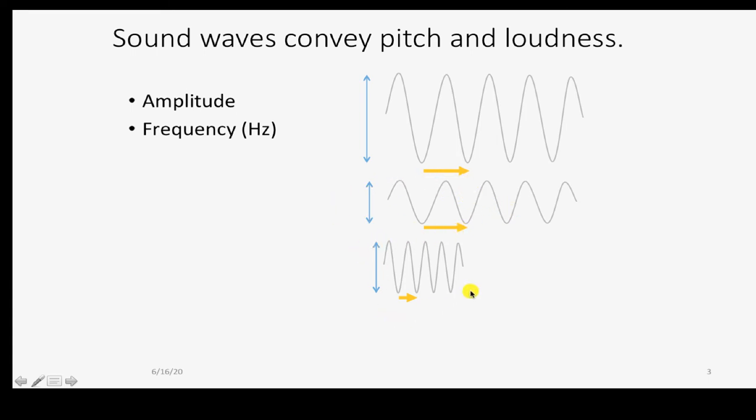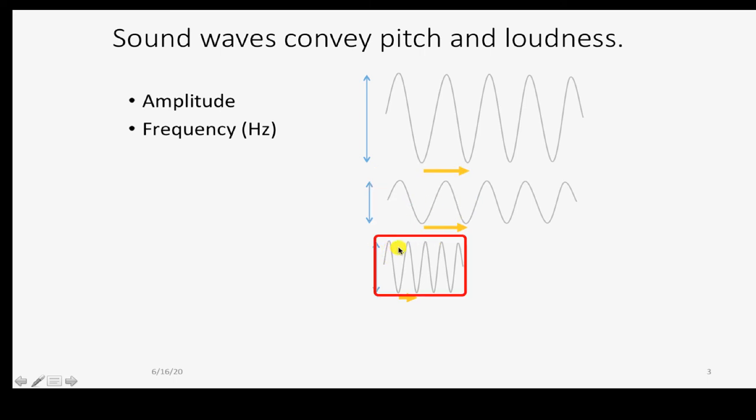And the one in the bottom, we can count 1, 2, 3, 4, 5 in the same amount of time. So if this was, for example, a fraction of a second, like say a half a second, and this was half a second, this sound wave at the top would have 2 cycles per half second.